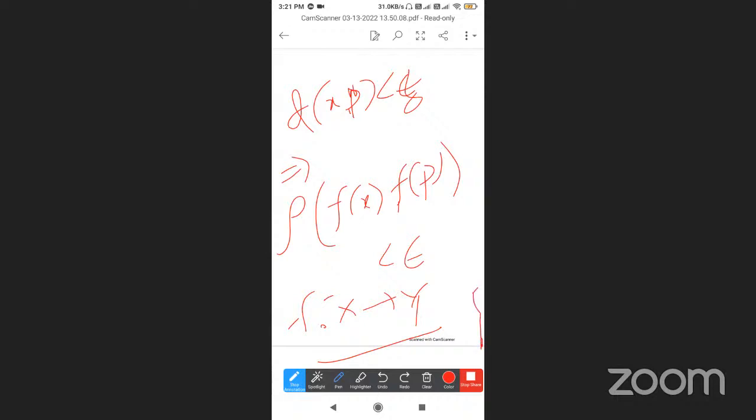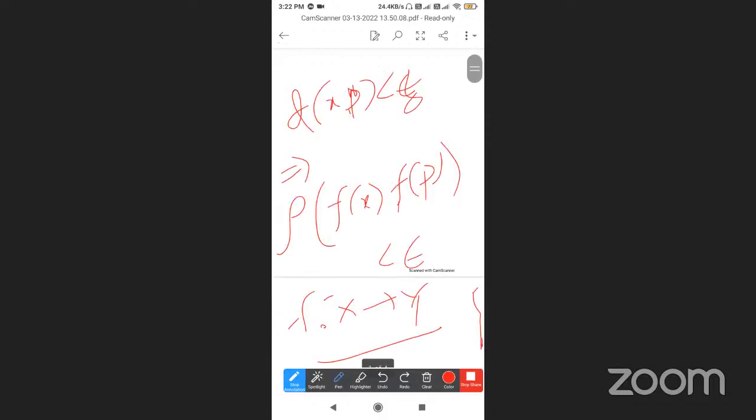This is the continuous function definition, and it is the same thing.